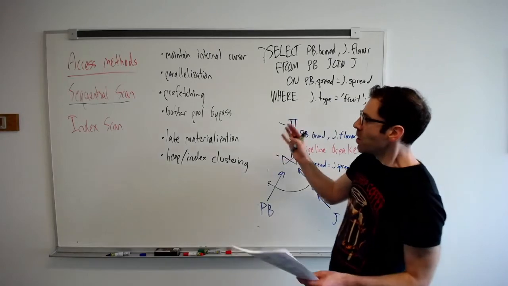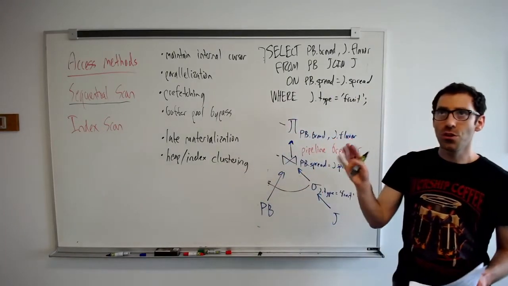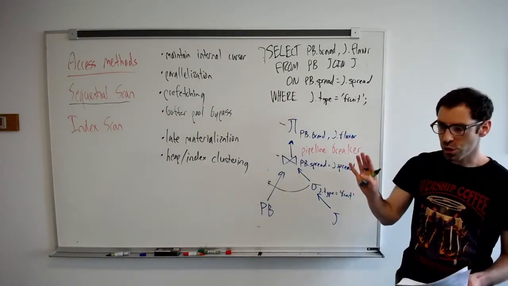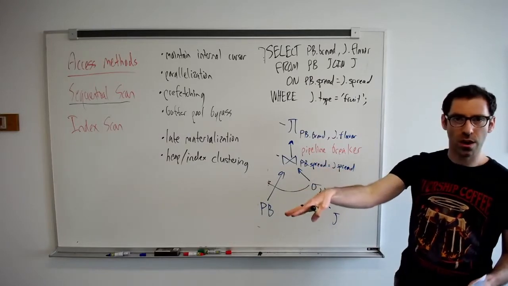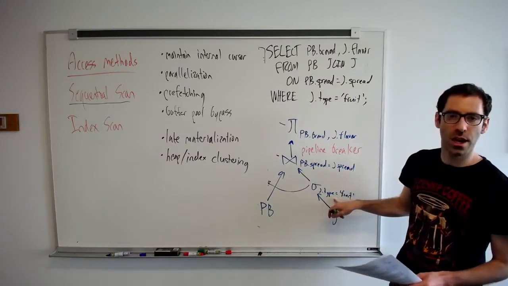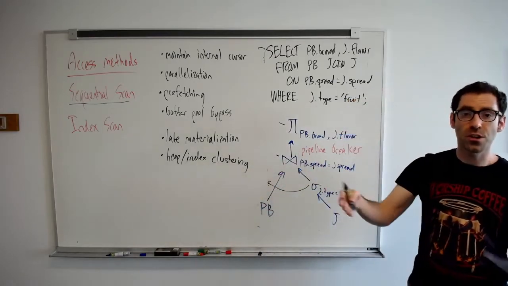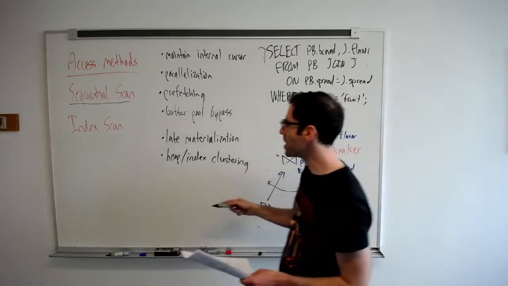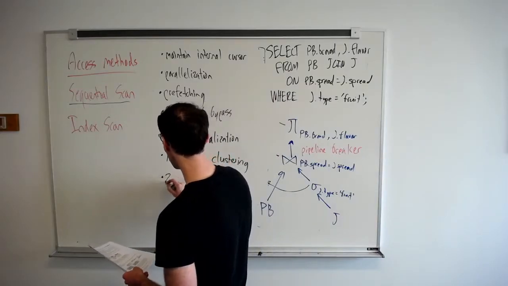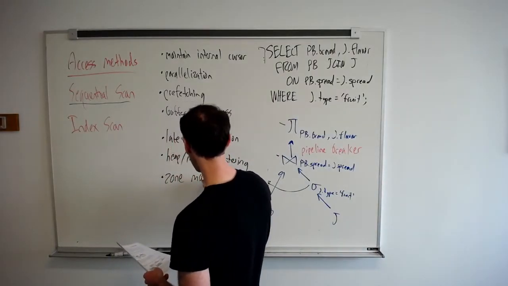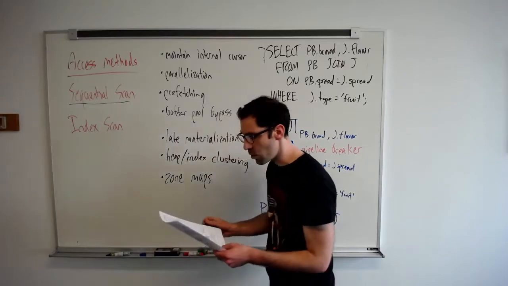But you may be wondering, well, how does it know to jump to where there's type equal fruit? And there could be various ways to store this kind of metadata, but one particular one is something called zone maps.